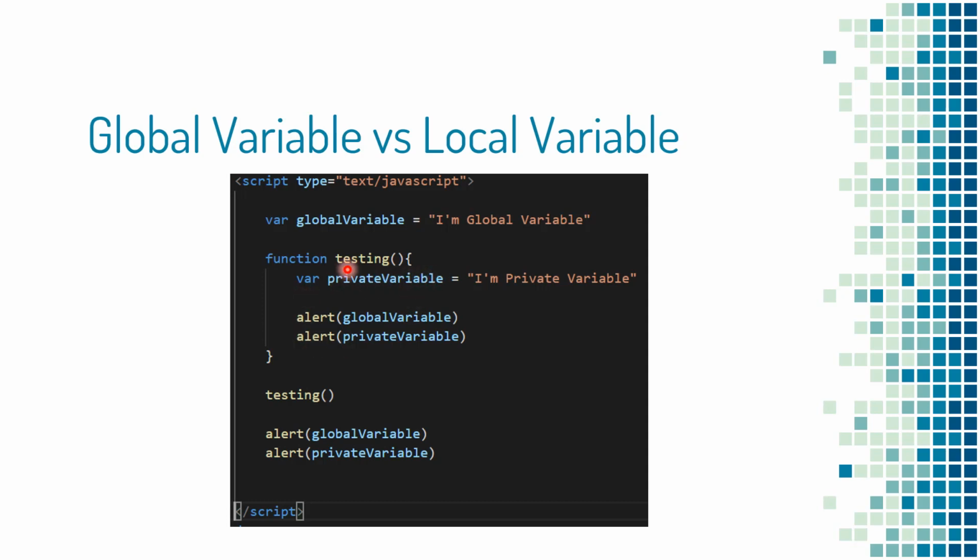So the scope of this variable is just within the function named testing. But you cannot use it from here or any other places other than testing. In other words, a local variable is just in the area that you initialize it in. A global variable is available for all the functions, all the pieces of code you have in your system.